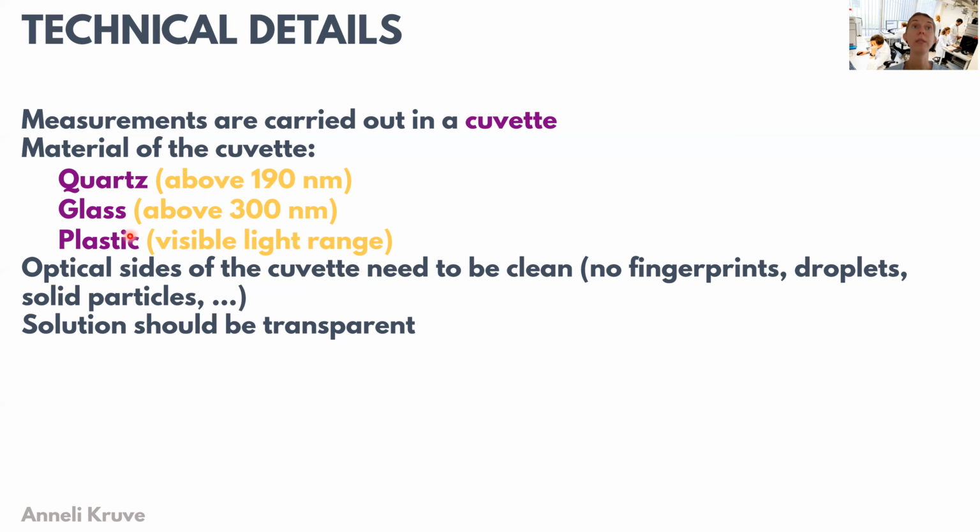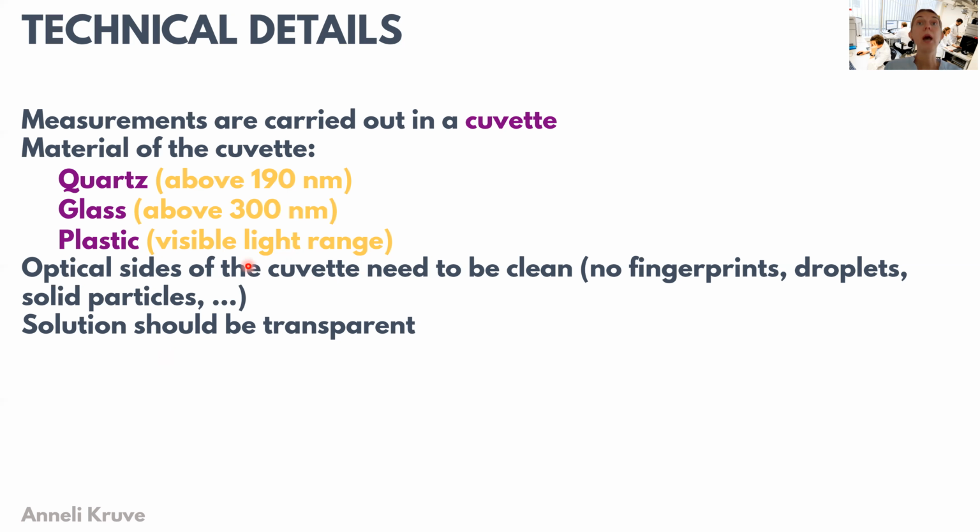What is important here is that the solvent also needs to be compatible with the material of the cuvette. This is especially important with plastic. For example, for samples in acetone, even if you are studying colorful compounds, it is not possible to do the measurements in plastic cuvettes, because the plastic cuvettes for ultraviolet visible spectroscopy are not acetone safe, at least not usually.